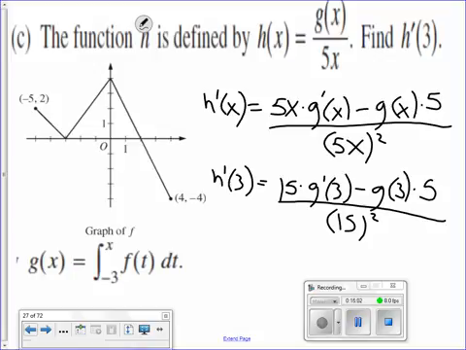Now in this problem, this is how g was defined, and right away we know to take the derivative of these. So g prime of x is equal to f of x. So we're looking at a graph of g prime. So to get g prime of 3, we just read the graph. The only problem is they didn't label the point for us. Thanks, College Board.